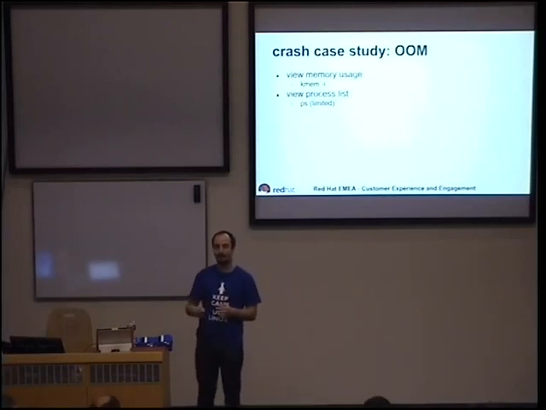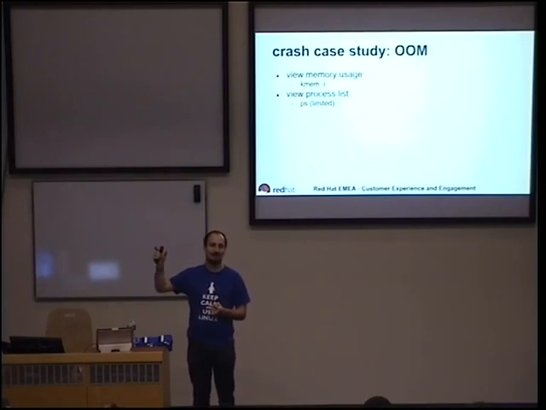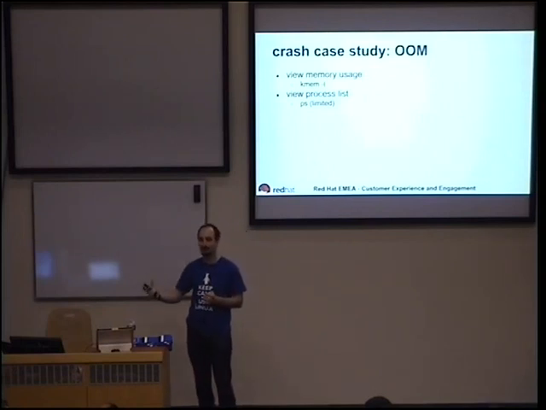In a normal system, you have the OOM killer that will try to kill some processes that consume RAM to free up more RAM. But at some point, if the OOM killer cannot cope with the amount of memory being used, it's going to give up and let the kernel panic.